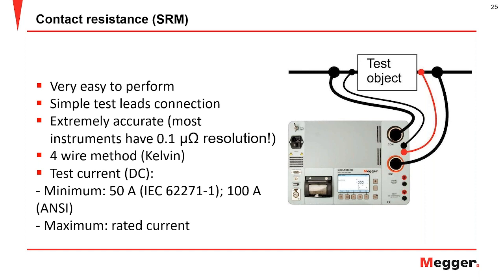And this accuracy is possible due to the test method, which is using a four-wire method, Kelvin connection, where the current is injected through two separate leads, and the potential measurement across the test object, which in our case is the circuit breaker, is done separately.